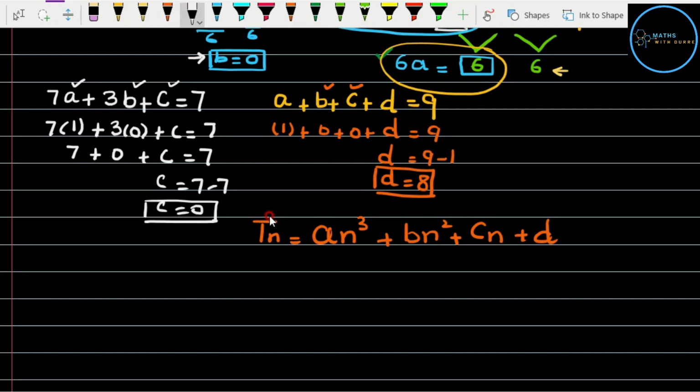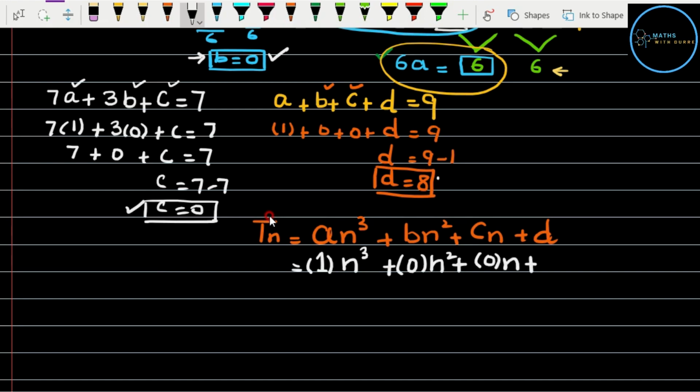As you know, we have calculated a. A is what? A is 1. So I will write 1 instead of a. N will remain same. And what about b? B is 0. So I will write 0 here. C is also 0. So I will substitute c as 0.